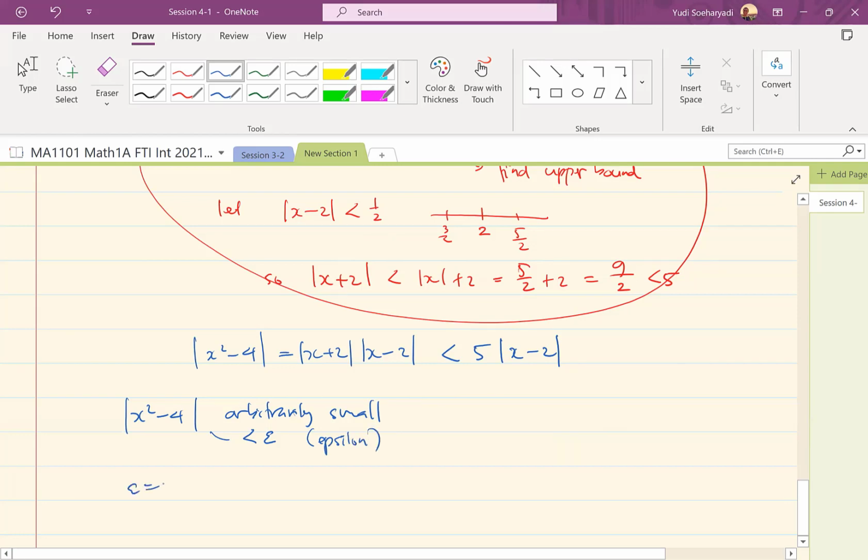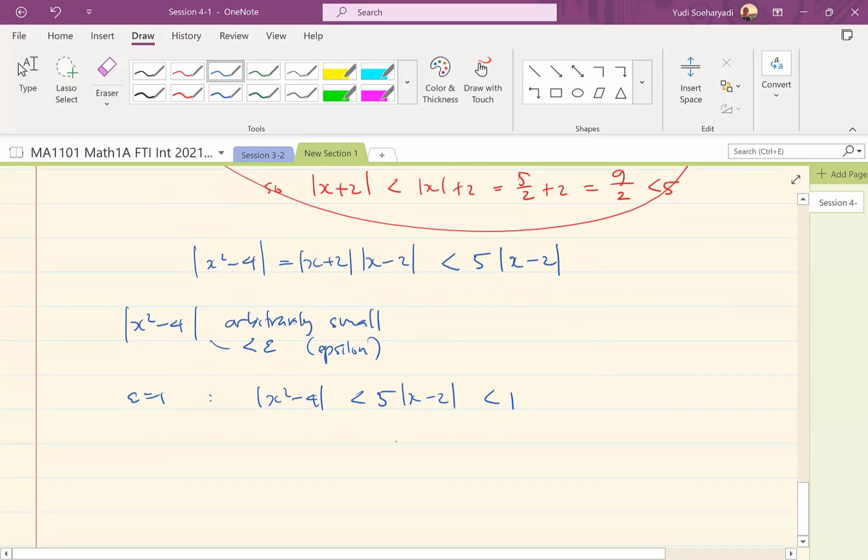Okay, so if epsilon equals 1, what we need here is x minus 2 less than 1/5. Okay, what about epsilon equals 1/4?